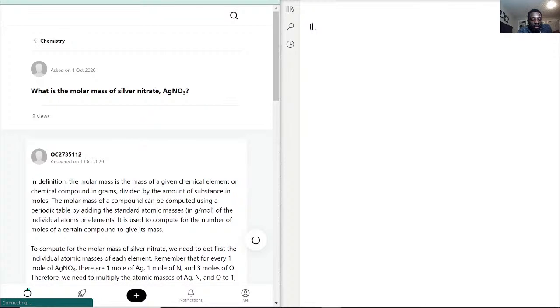So, this is asking us, what is the molar mass of silver nitrate, AgNO3? So, molar mass of AgNO3. Okay, so with this being said, let's think about this.